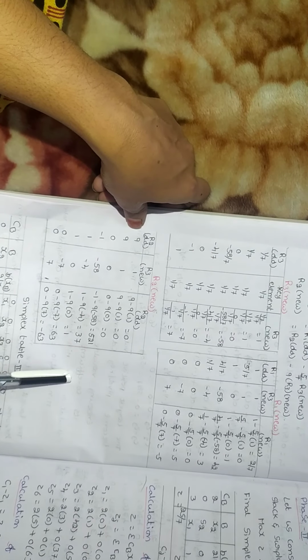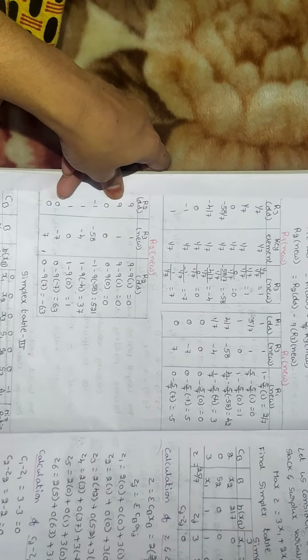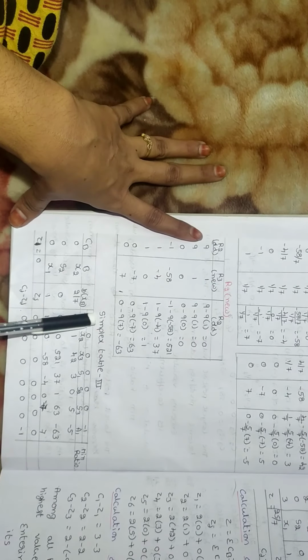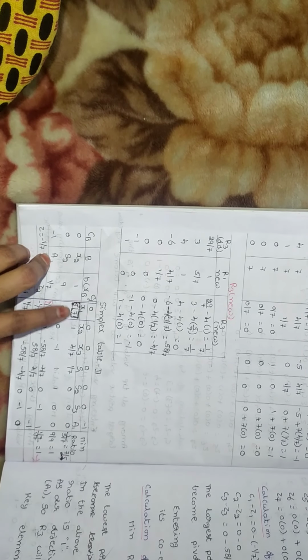As we got the new row values, we will substitute these values in the new simplex table. So the next simplex table that we will form is named simplex table 3. Under this one, first write the key row. What is the key row here? The third row. And which variable is going to be replaced?